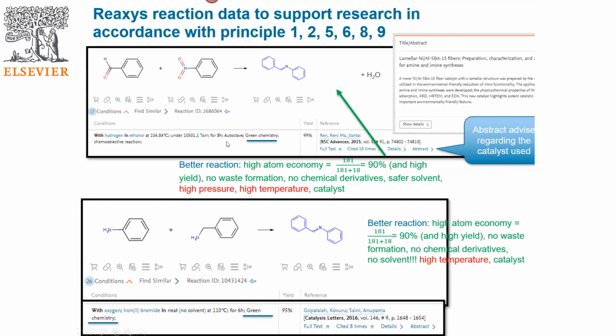And for example, if over there we don't see any catalyst, and if we're interested in the catalyst, it makes sense to click abstract and see the abstract. Often the catalyst can be mentioned there. So we see that this is a nickel on aluminum catalyst.